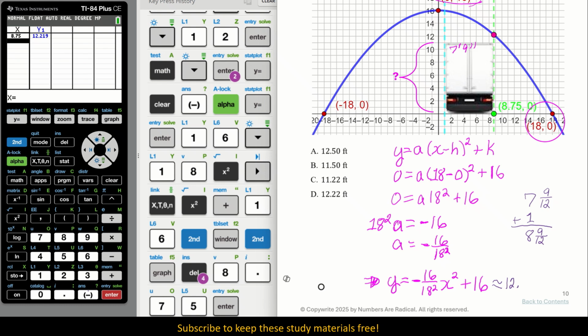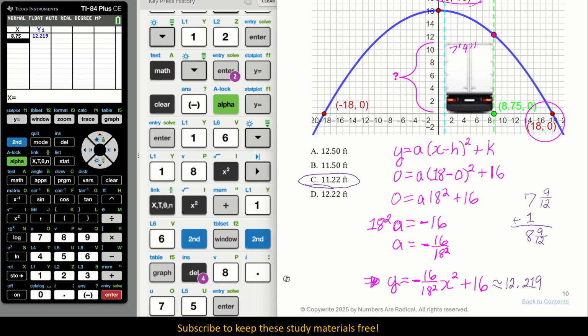I'm writing this down for a reason. We have to subtract that foot. Well, if we subtract the foot, look, C is a valid answer. They put 12.22 in there to see if you actually read the question fully or if you went back to verify.